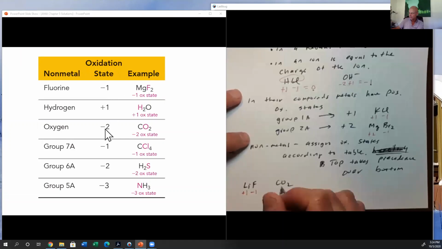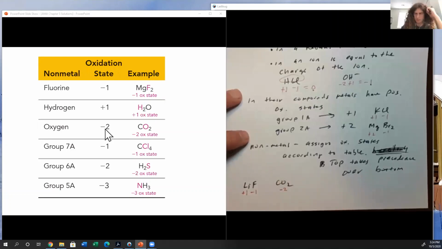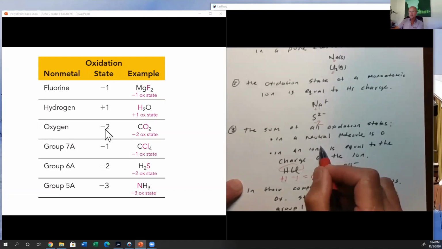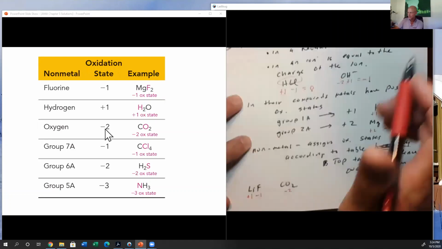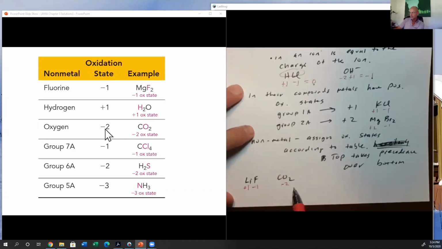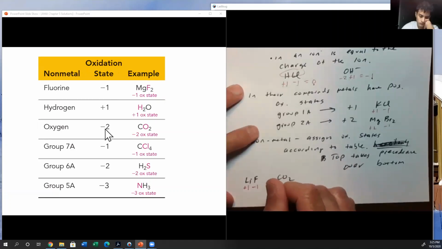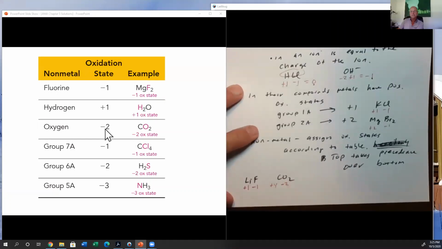So what's the oxidation state of oxygen? -2. And then we're going to use this rule that the sum must be 0 to find the oxidation state of carbon. So there's 2 -2s. What must be the oxidation state of carbon? +4, correct.